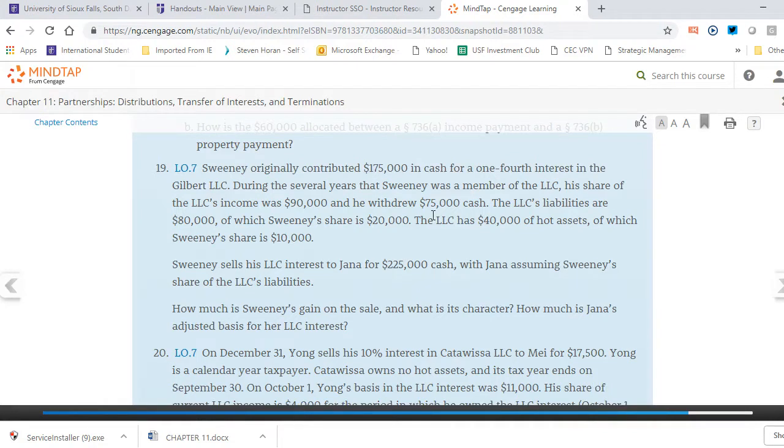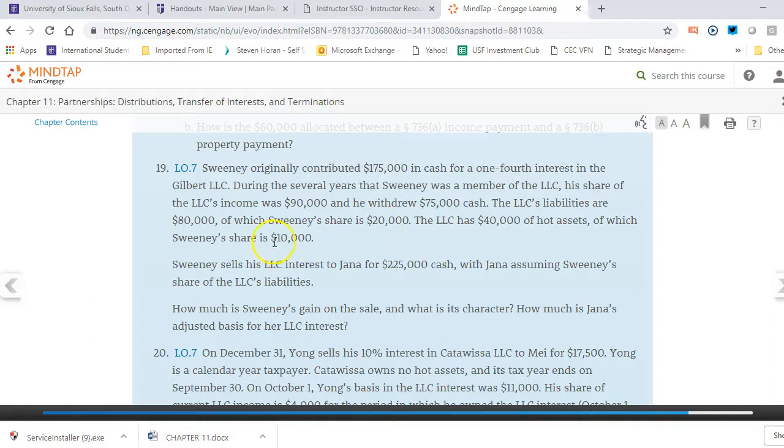For 19, this is for Sweeney. Sweeney originally contributed $175,000 in cash for a 1/4 interest in the Gilbert LLC. During the several years that Sweeney was a member of the LLC, his share of the LLC's income was $90,000. He withdrew $75,000 in cash. The LLC liabilities are $80,000, of which Sweeney's share is 1/4, or $20,000. It also had $40,000 of hot assets.